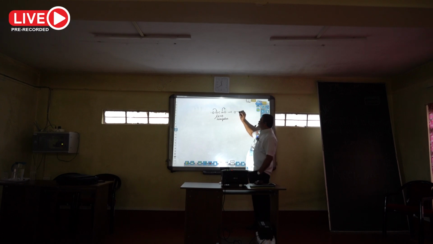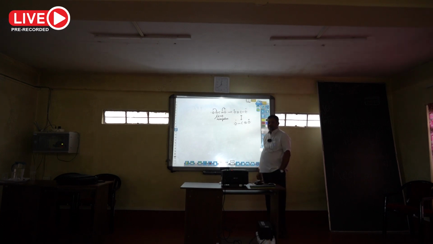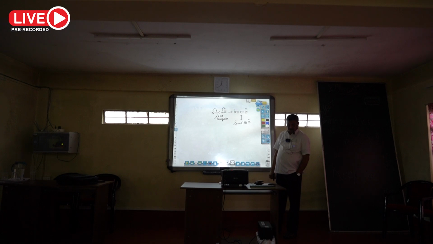Then you will get a triple bonded O here with O plus, single bonded O with minus, or it can be resonating like this, this side O minus, this side triple bond O plus. This is the carbon dioxide structure.